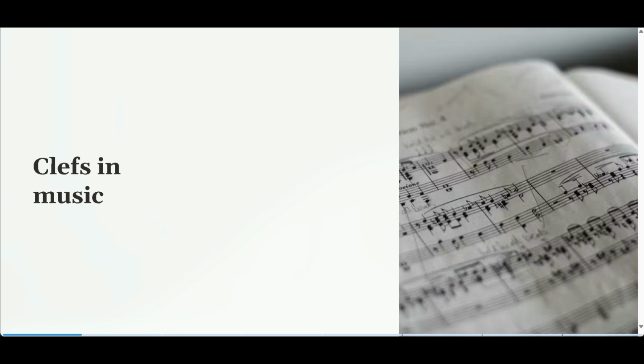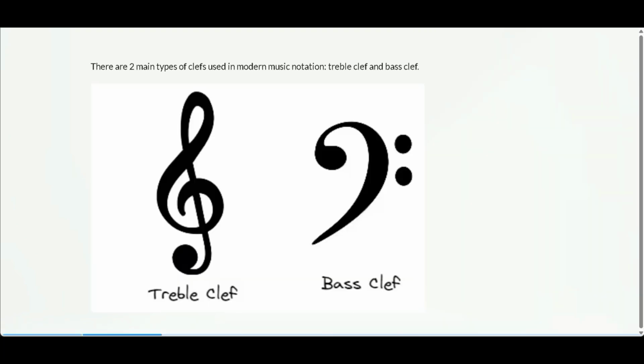But if you use a whole new clef, like a C clef, it's another letter name. And if you use a percussion clef, you wouldn't get a letter name at all.